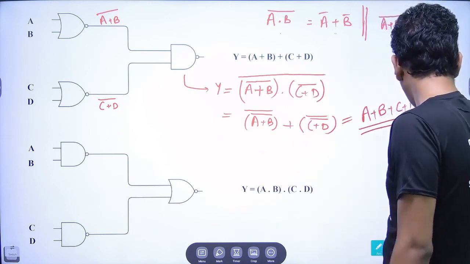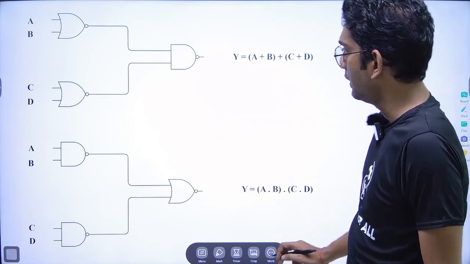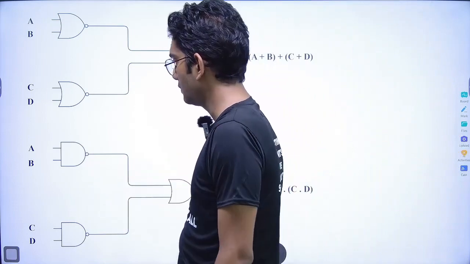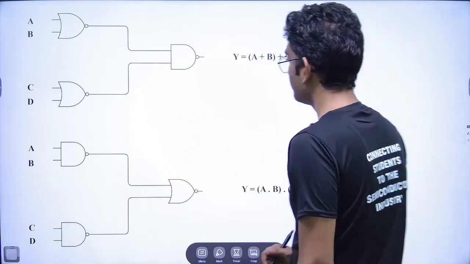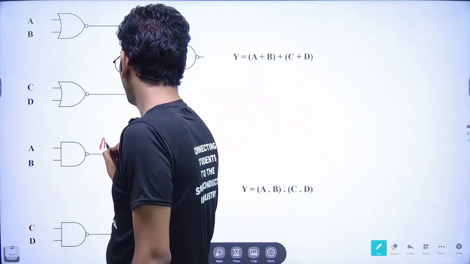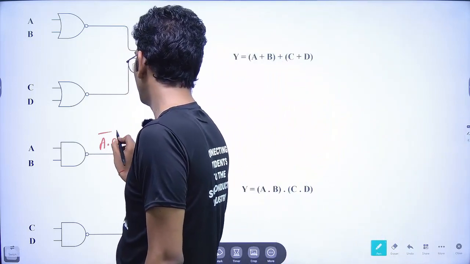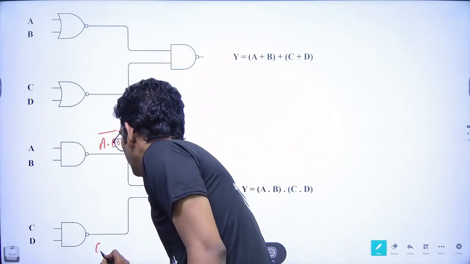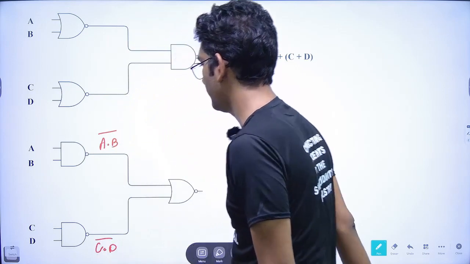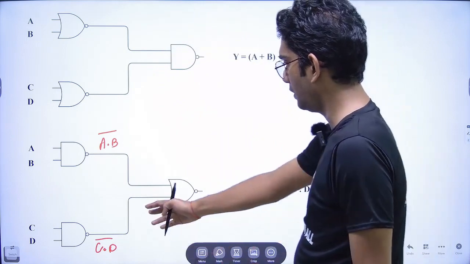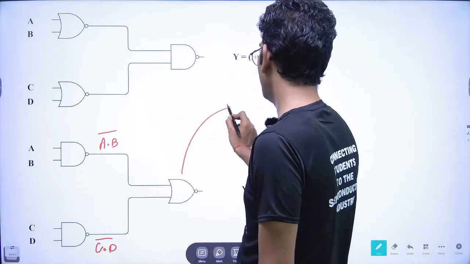Fine. Now let us come to this example. So what here we will get? We will get A dot B bar, and here we will get C dot D bar. Fine. So now these will be passed here. So what here we will get?